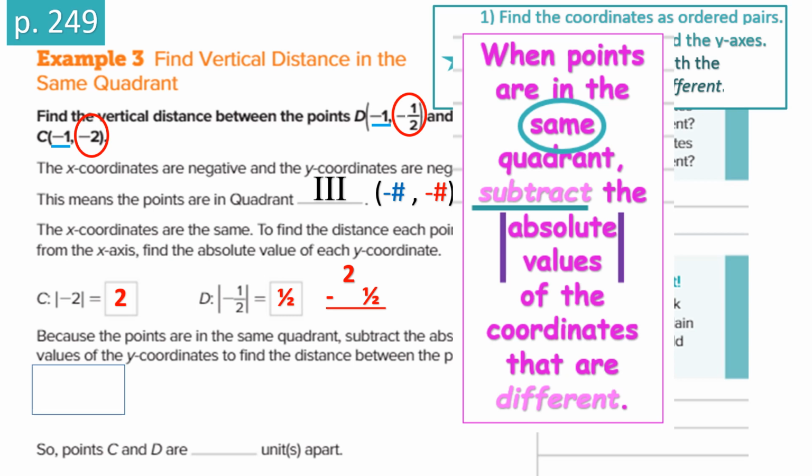I kind of walked you through it a minute ago, but when I actually look at the math that we did, we borrow from the whole number of 2, we make it a 1, and we carry over 2 over 2. Then I have my common denominator, I keep it, and I subtract 2 minus 1 is 1, and I bring down my whole number of 1. So I end up with an answer of 1 and 1/2 units.